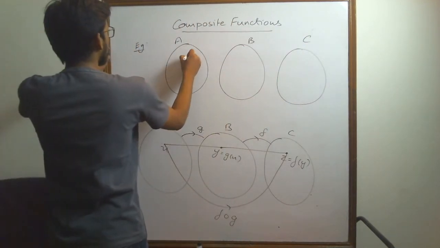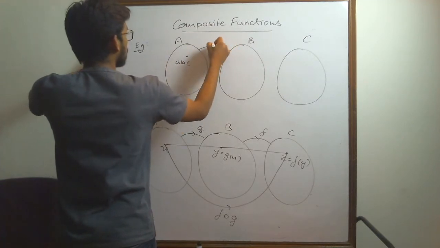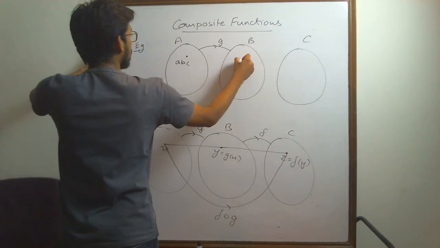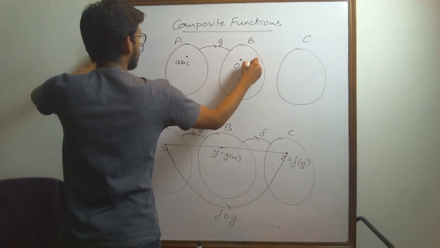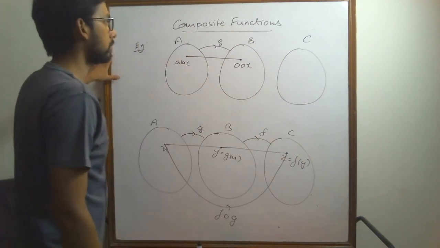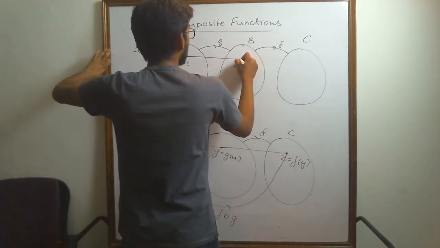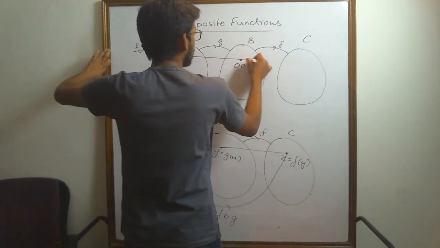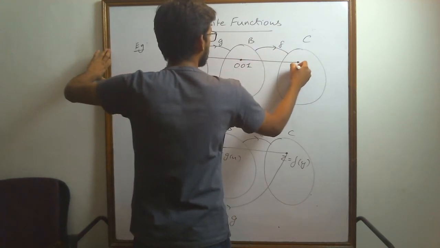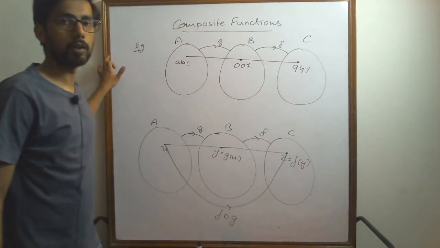Then suppose student A, B, C is related to the number 001 under the function g, and under the function f, 001 roll number is related to the marks that roll number got.